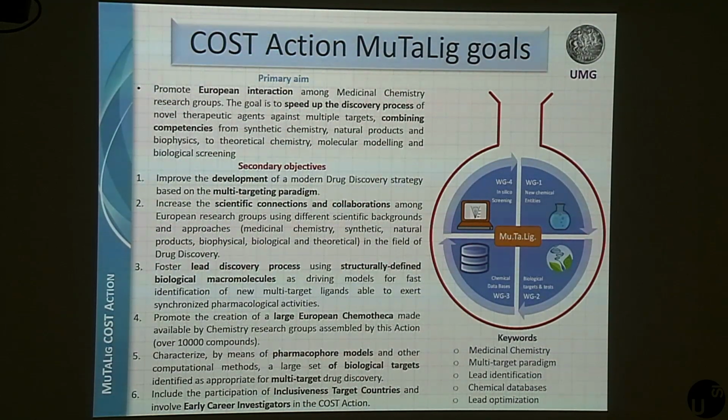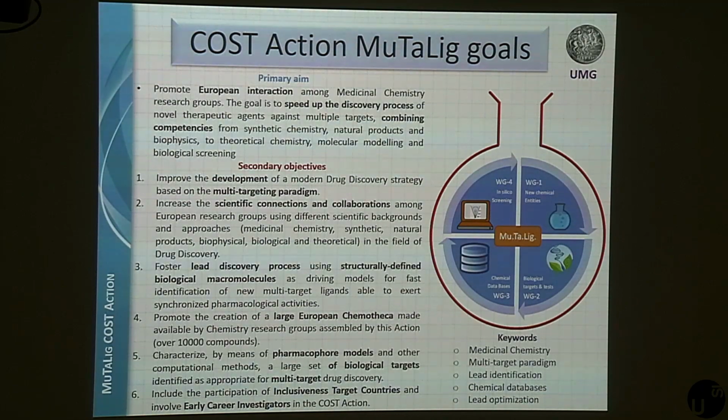But 2 working groups are related to the computational part, because we needed to create the Chemotheca tool, and this is devoted to working group 3, chemical database management and development, and the other one to intensive simulations, mainly related to virtual screening and other tools.